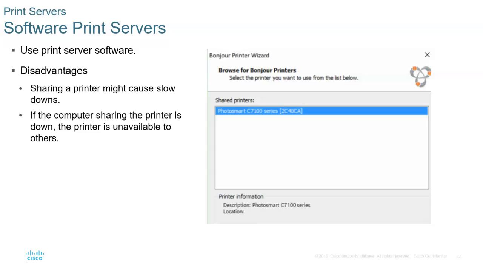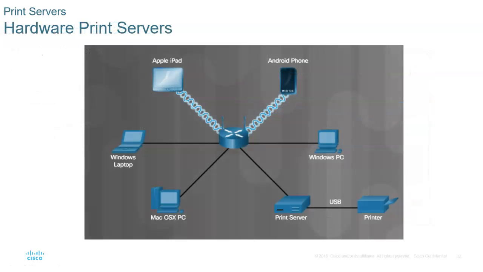It's built into Mac OS. When it's downloaded and installed, it operates in the background and then can detect any compatible printers for the network. Again, if the computer print sharing is down, then you're unable to print.